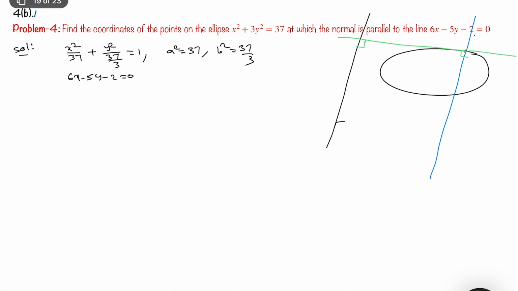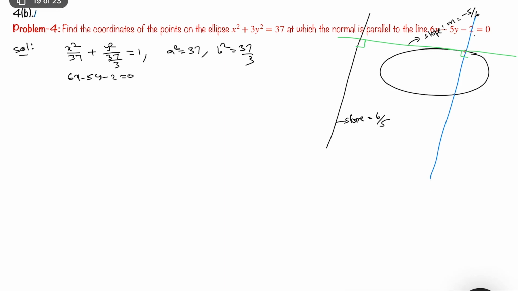So what is the slope of the given line? That is 6 by 5. Then what should be the slope of this tangent? As it is perpendicular to the given line, m value should be minus 5 by 6.